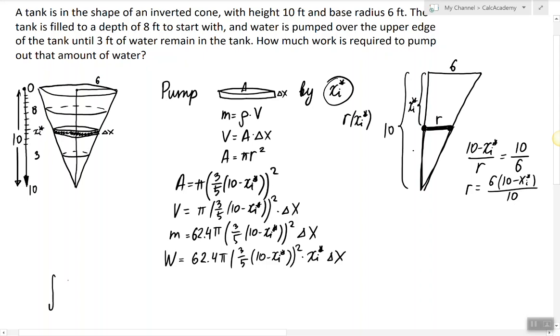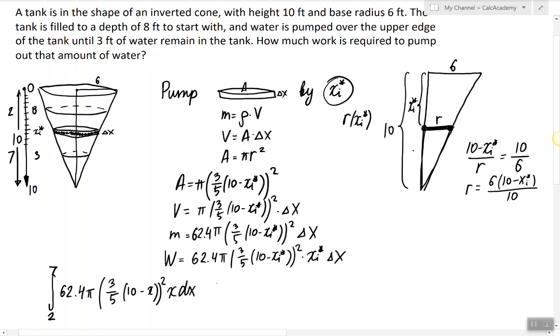Since the layer only goes from 2 to 7, we're integrating this expression 62.4 pi 3 over 5 10 minus x squared x dx.